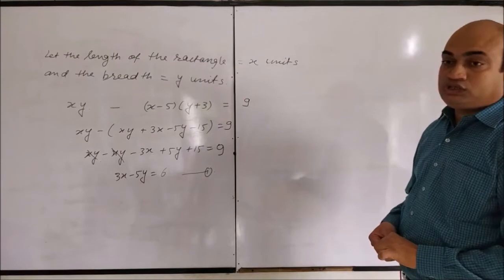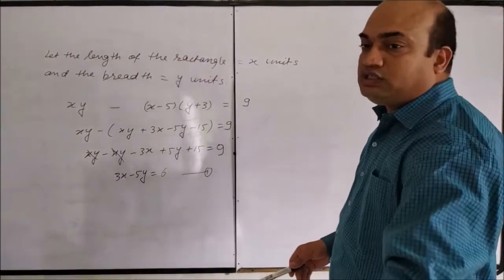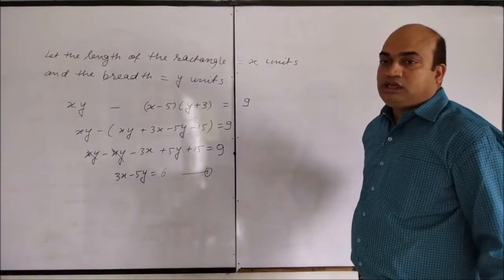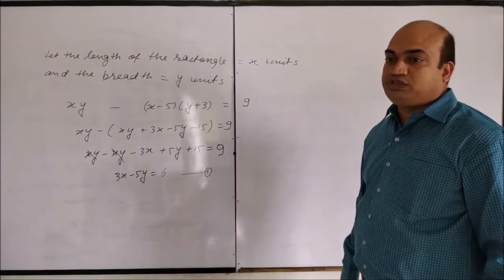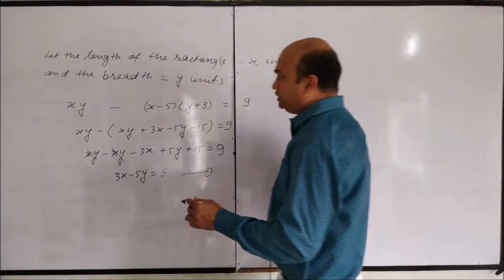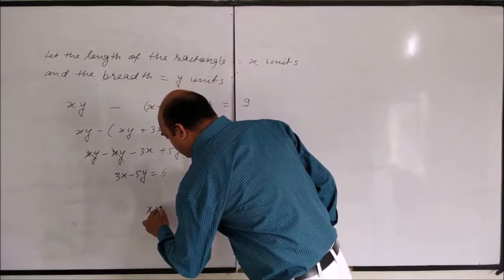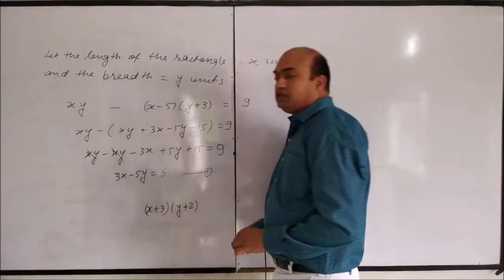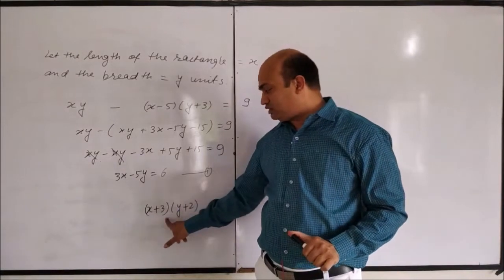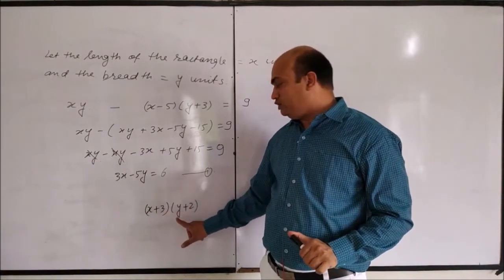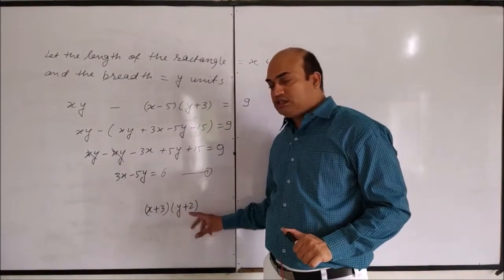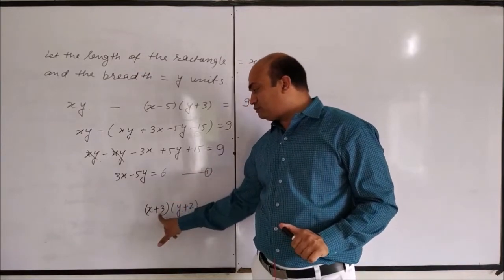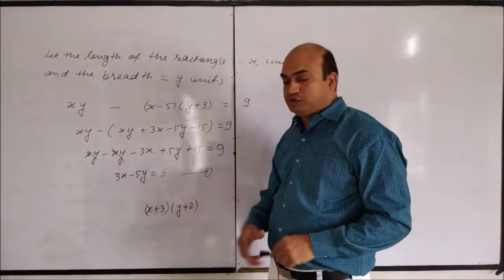Now, you see, in the question it is said that if we increase the length by 3 units and the breadth by 2 units, then the new length will be x plus 3 units and new breadth will be y plus 2 units. Then the new area will be x plus 3 into y plus 2 square units.